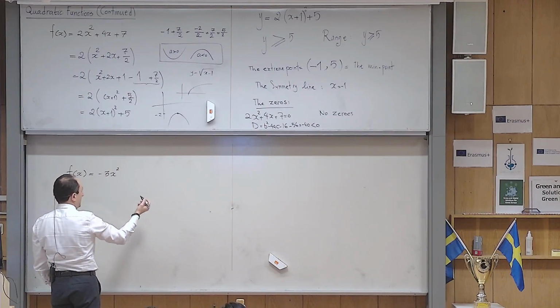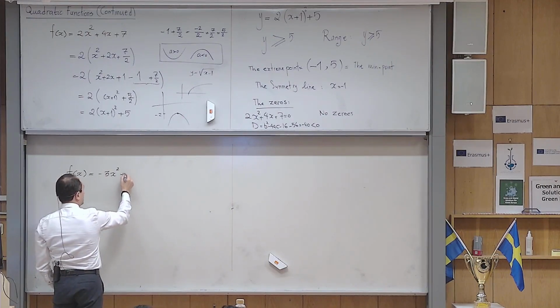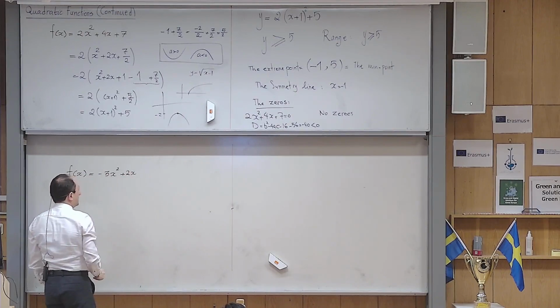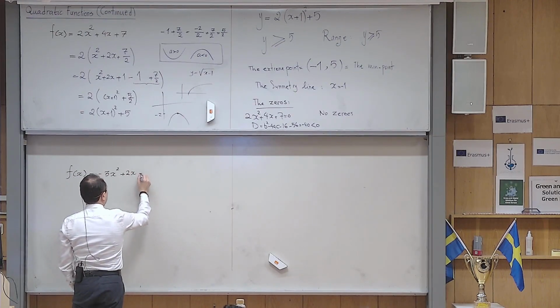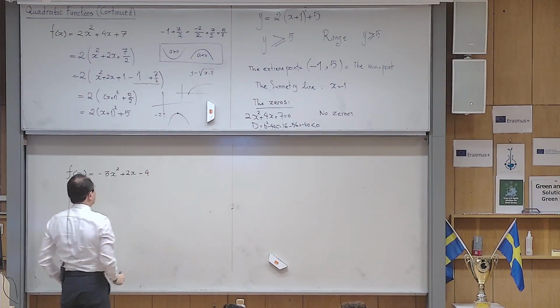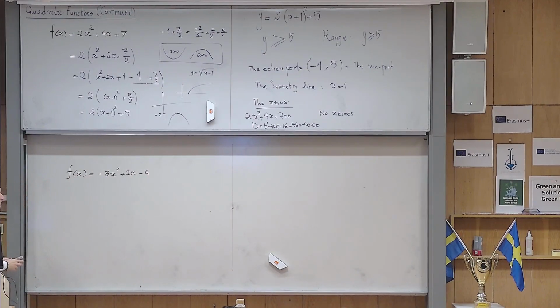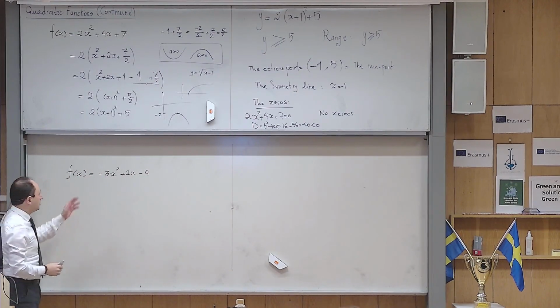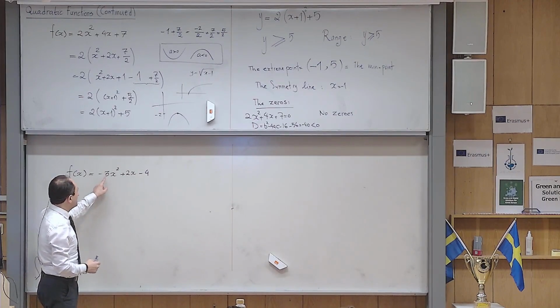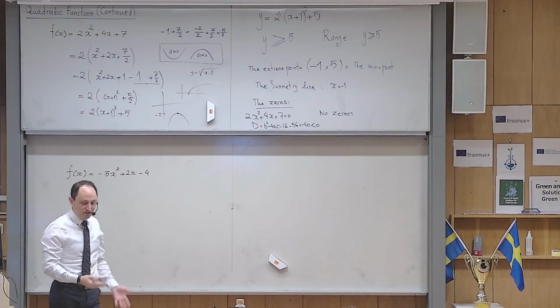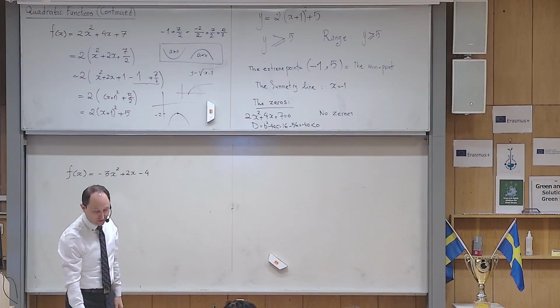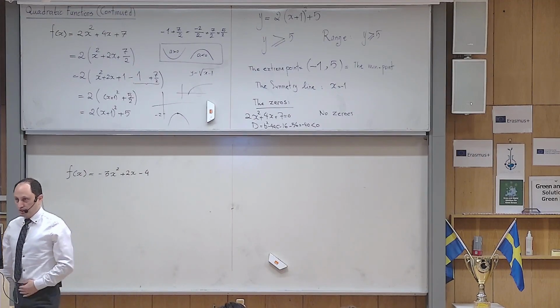Try to do it by hand, okay? So I would write 2x, and then I would write here minus 4. This is harder because I intentionally chose the numbers in a way that it generates fractions. But except for that, you shouldn't have any problems.